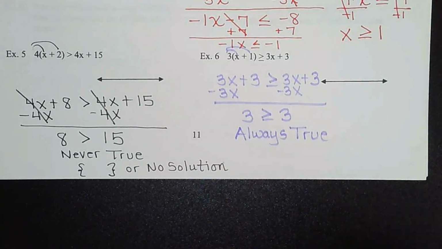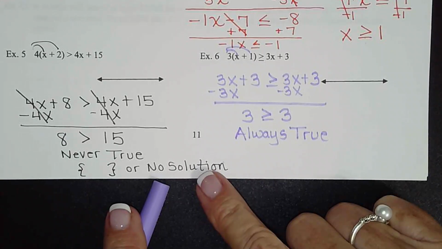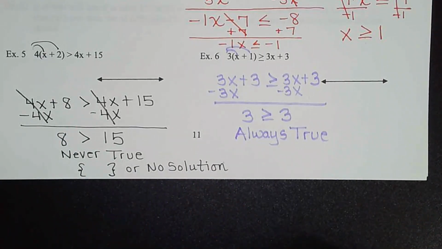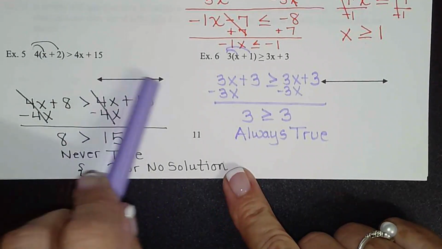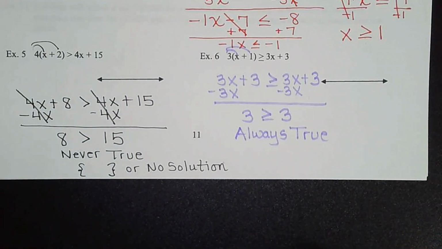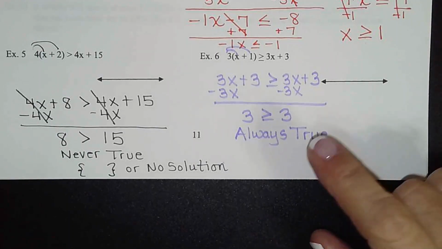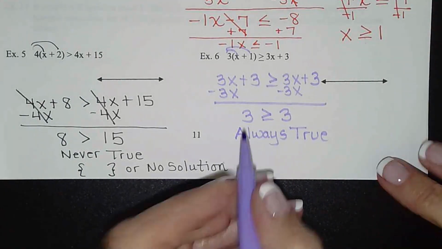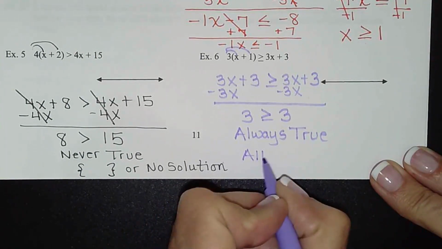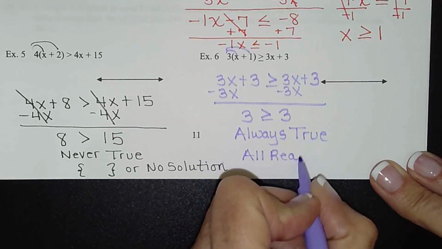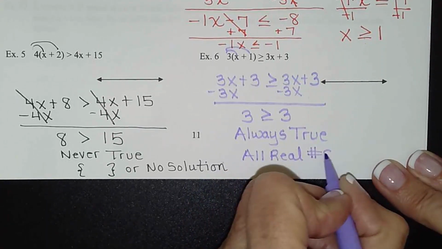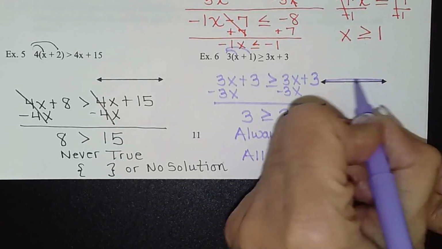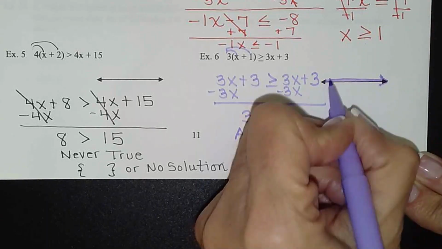Oops, and I just realized I forgot to tell you about this. You can't do interval notation for no solution, and the graph on no solution is left blank. Because there's not a solution, nothing to graph. But on this one, always true means all real numbers, and that means you shade in the entire number line, because this is the set of real numbers right here, and shade in both the arrows.